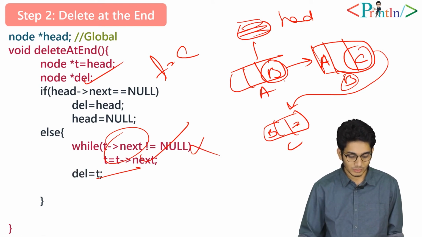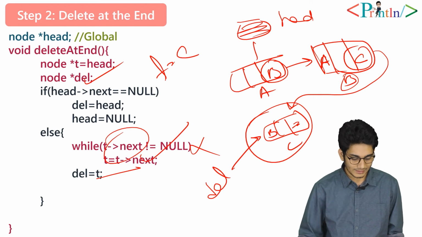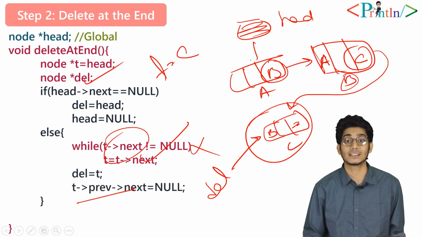Then we have taken a del pointer. Del will be pointing to this node. We have assigned t into del. Then we put t prev next.